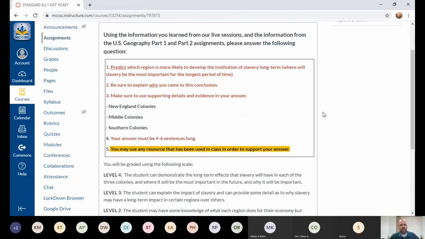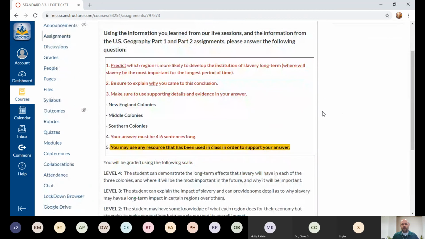So let me explain this again. You need to make a prediction on where slavery is likely to develop the longest and be the most important long-term, and why. You need to make sure to use supporting details and evidence in your answer. You need to explain where you could see slavery being in these regions the longest and why.